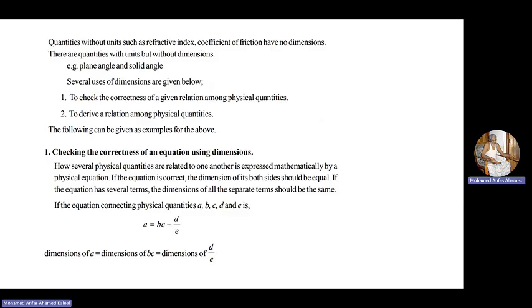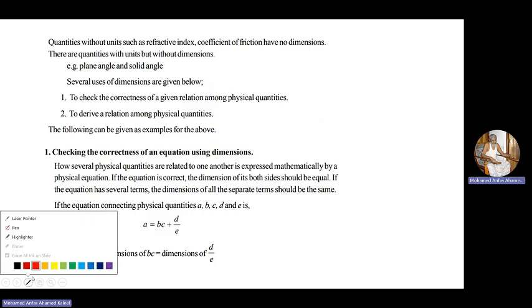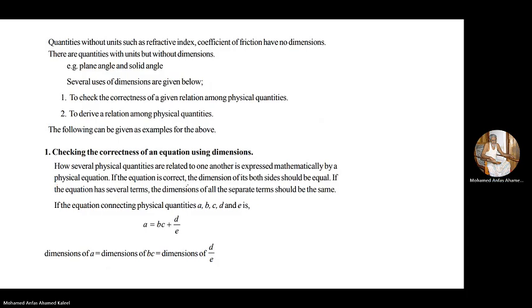So underline that; you have to remember that the dimensions of both sides should be equal if the equation is correct. If the equation has several terms, the dimensions of all separate terms should be the same.